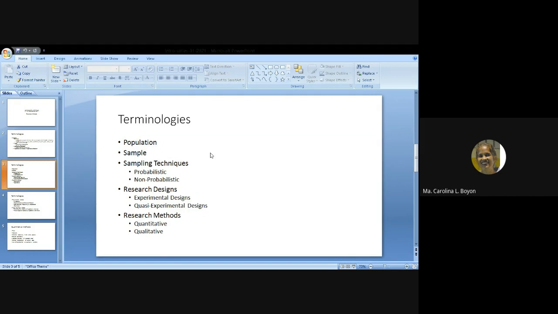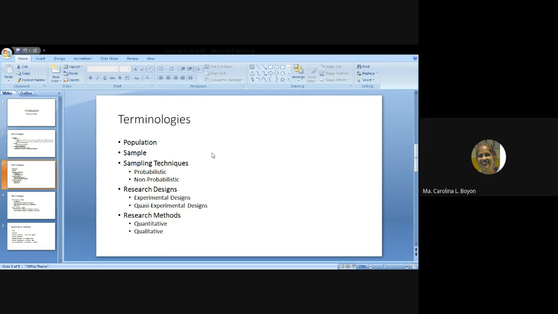Now, if we look at a research study, you always will have to bear in mind that the scope of the study is far bigger than what the researcher can truly identify and study.